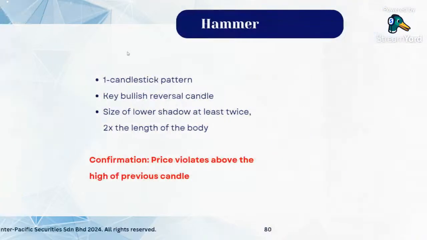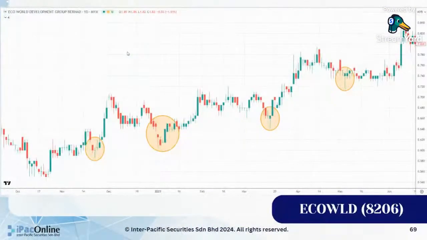Okay, and similarly, if we look at some of the examples, like EcoWorld, we can see it formed a long leg. It doesn't have a body over here. It's more like a doji. Okay, but they are pretty much the same.